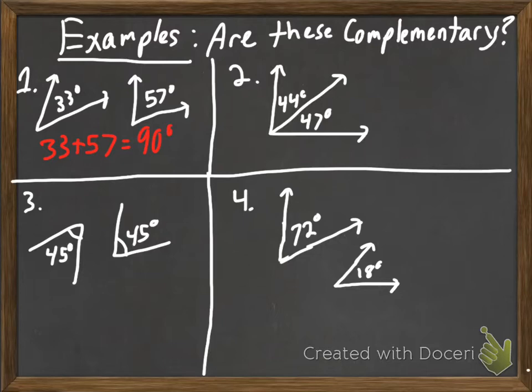So yes, number 1 are complementary angles. 44 plus 47 is close. That is 91 degrees. So no, they are not complementary.